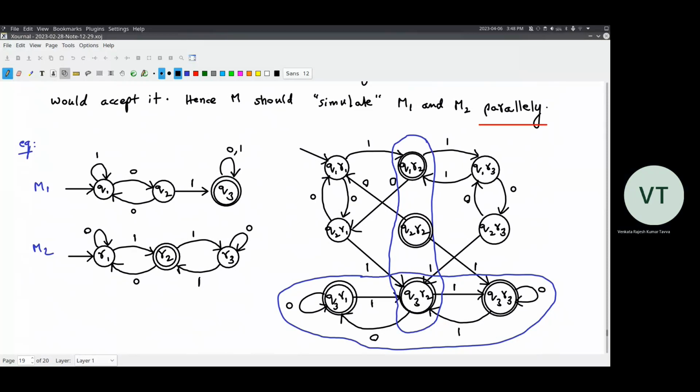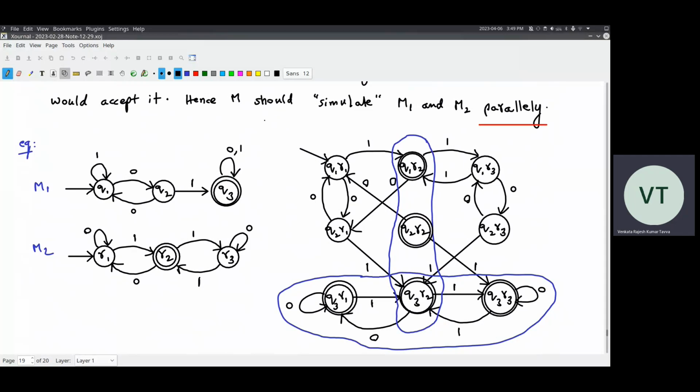So in any finite state machine, given a particular state on a particular input, it goes to another state, right? So in this case, say (Q1, R1) on 0, where does it go to? How are we deducing that? We take individual elements in this ordered pair, we take Q1 and see where it goes to on 0 in M1. And then we take R1 and see where it goes to on 0 in M2, right?